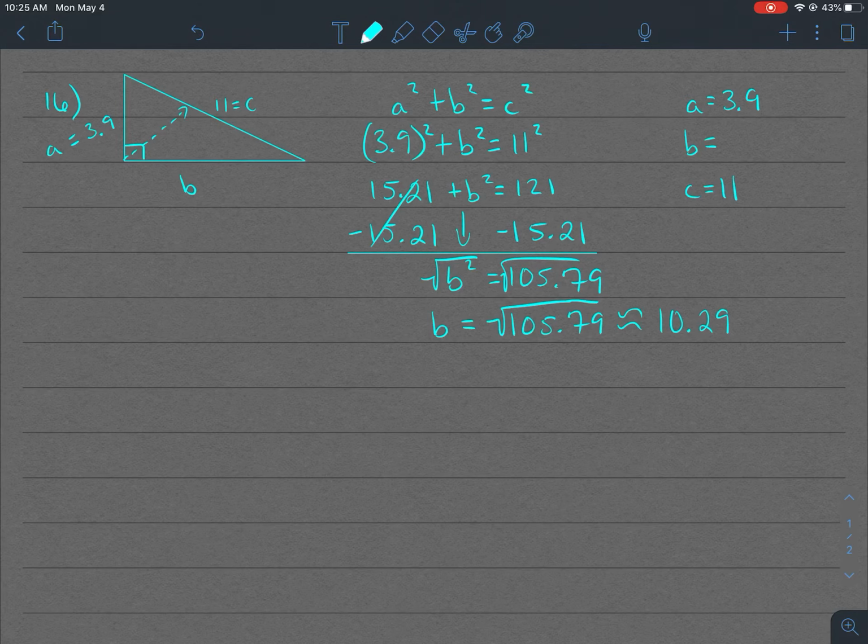All right, let's do one more. Let's skip a few and go down to number 19. Okay, number 19 says we have another right triangle.